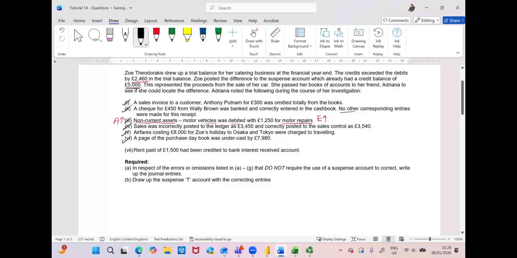Rent paid for 1500 had been credited to the bank interest received account. Now again, this is an error of principle. Rent is an expense account, and when they increase, they are debited, whereas bank interest is an income account, and when there is an increase in income, it is credited.